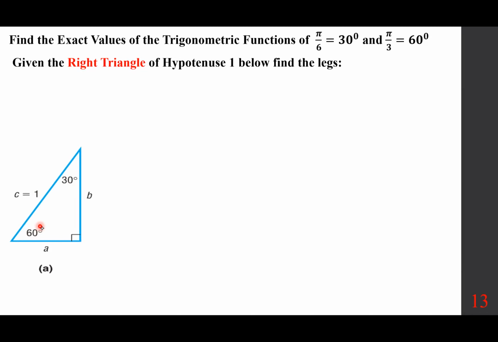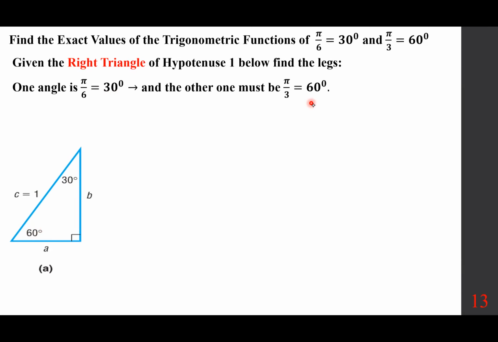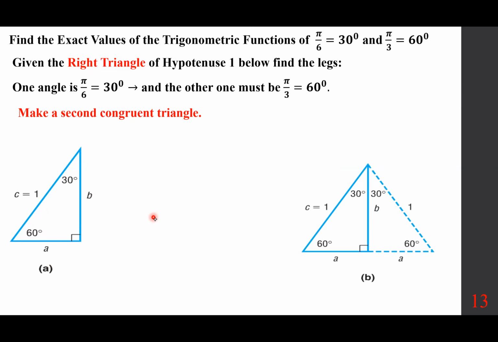Now let's look at it again. One angle is 30, one of them 60, and we make a second congruent triangle. We make an identical one and we put it on the right side. When we do that, because this is 30 and this is 30, they add up to 60. This is 60, this must be 60, this must be 90.